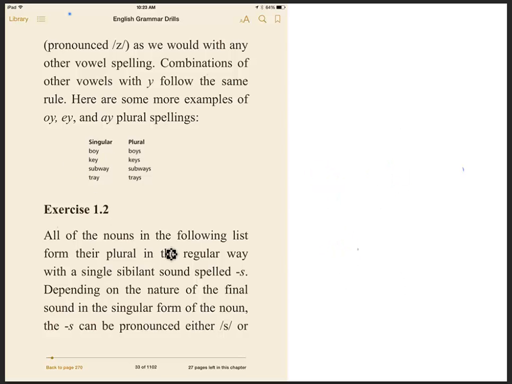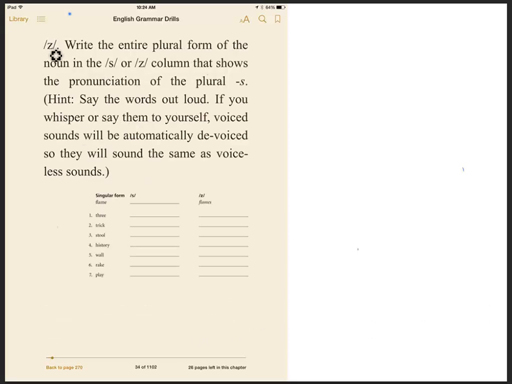It says all of the nouns in the following list form their plural in the regular way, with a single sibilant sound spelled S. Depending on the nature of the final sound in the singular form of the noun, the S can be pronounced as either S or, as we saw earlier, as a Z. Write the entire plural form of the noun in the S or the Z column that shows the pronunciation of the plural S. And this is really important. Say the words out loud, so you can hear the voiced consonants or the unvoiced consonants, all right?